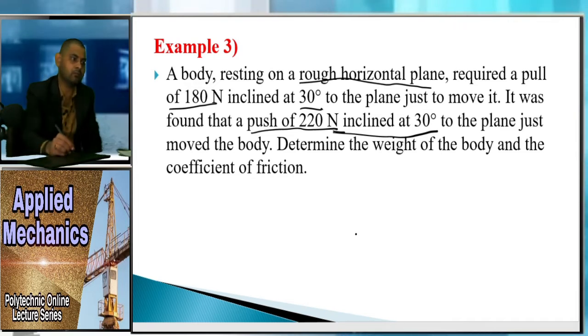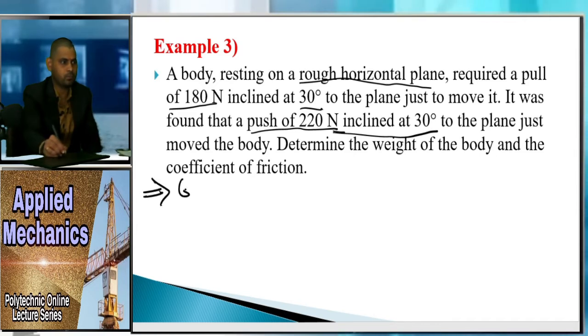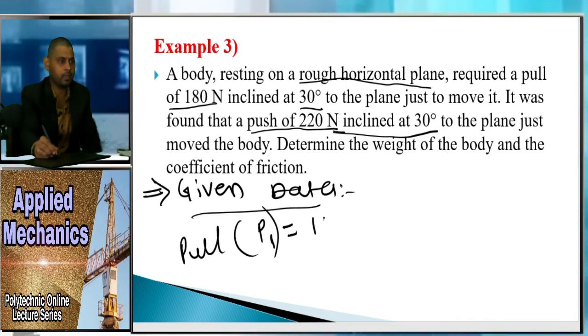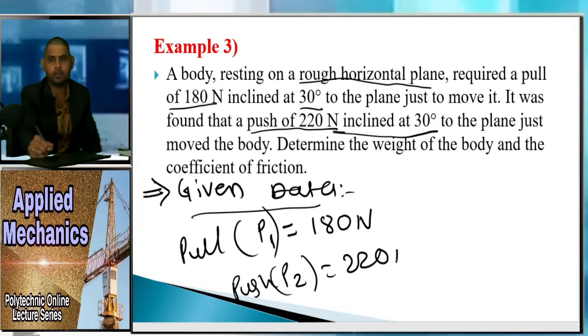So first thing we have to do, we have to write down the given data. Here the given data: P1, that is the pull force, P1 is equal to 180 Newton. After that, the push P2 is equal to 220 Newton, right?